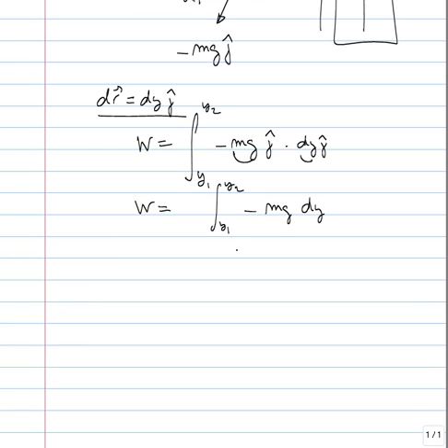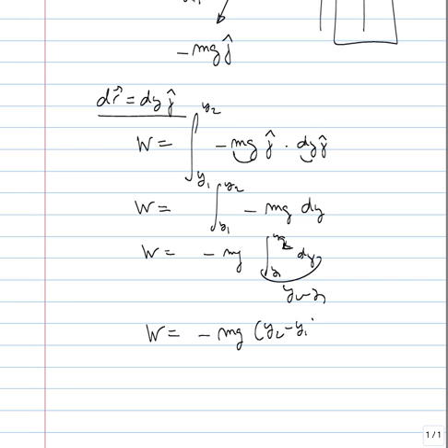Okay, minus mg is a constant, so we can take it out. The integral of dy from y1 to y2 is trivial. This is just y2 minus y1. Therefore, the work is equal to minus mg times (y2 minus y1).